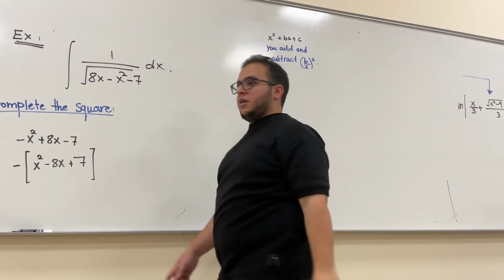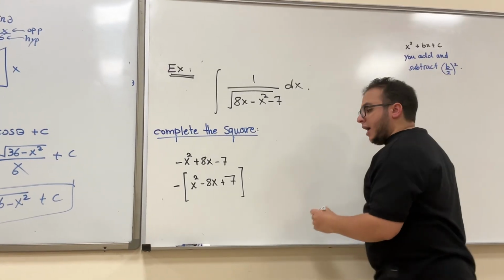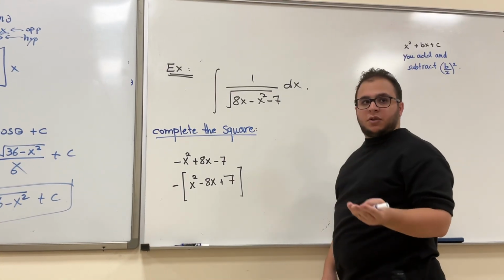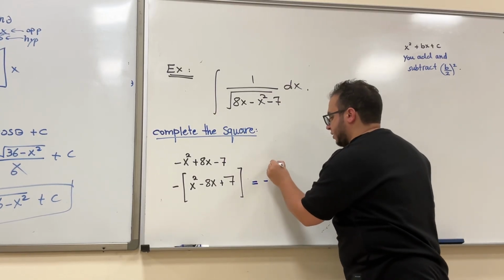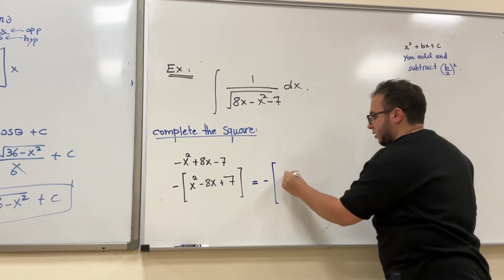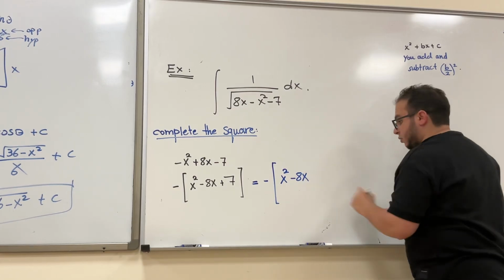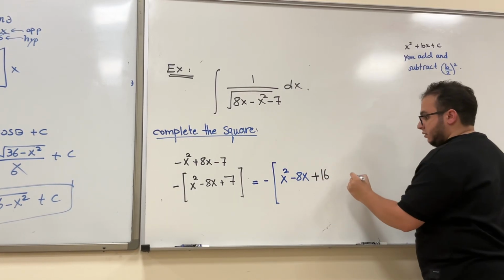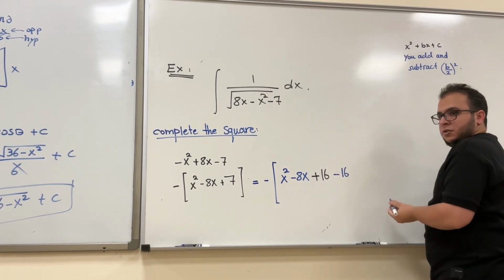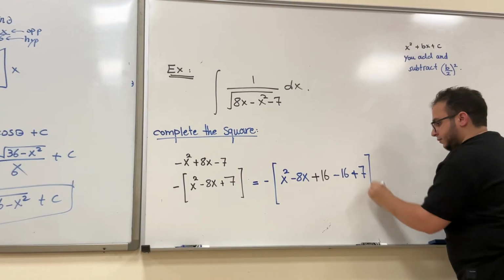What is b in this case? 8. Divide it by 2, you get 4. Square it, 16. So you need to add and subtract 16 here. So x squared minus 8x plus 16, and then minus 16, not to change the question. And then there is plus 7, don't forget about it.